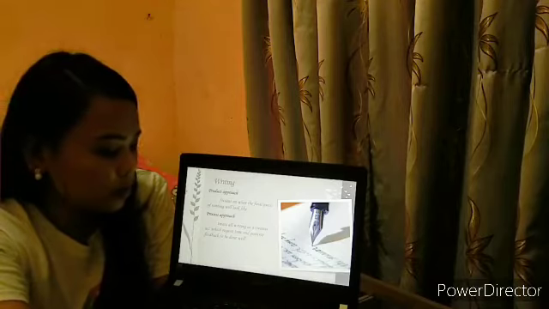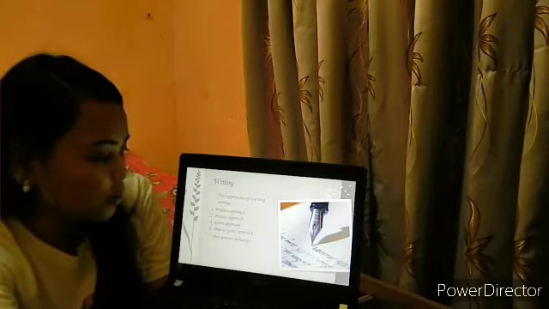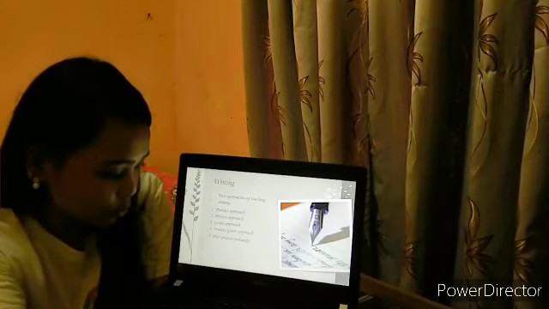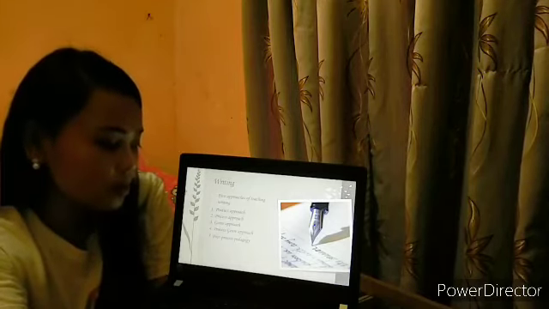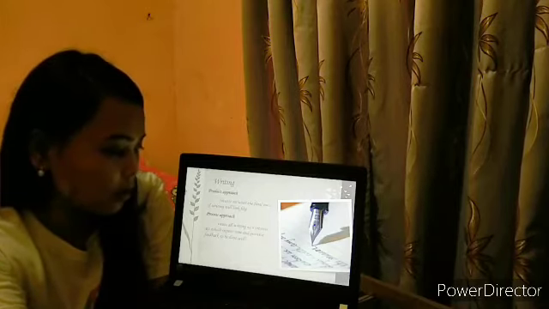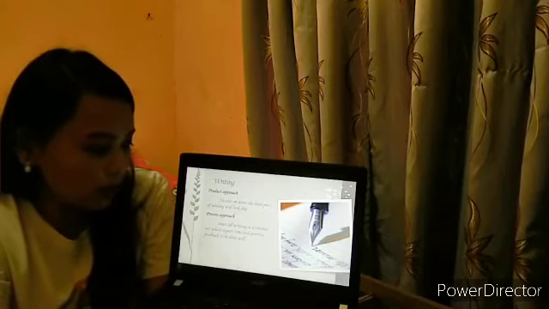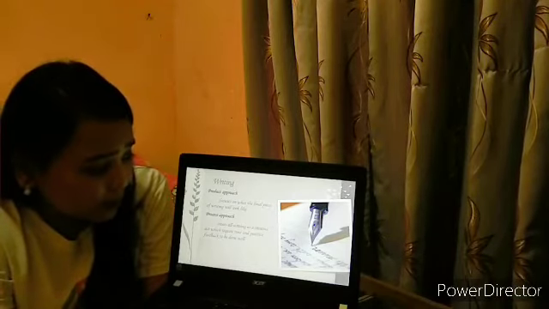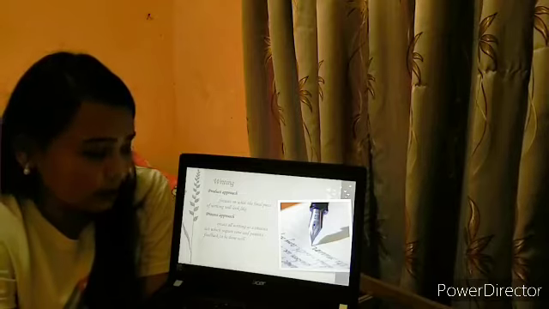Five approaches of teaching writing. First, product approach, process approach, genre approach, process and genre approach, post-process pedagogy. The first is product approach, which focuses on what the final piece of writing will look like.